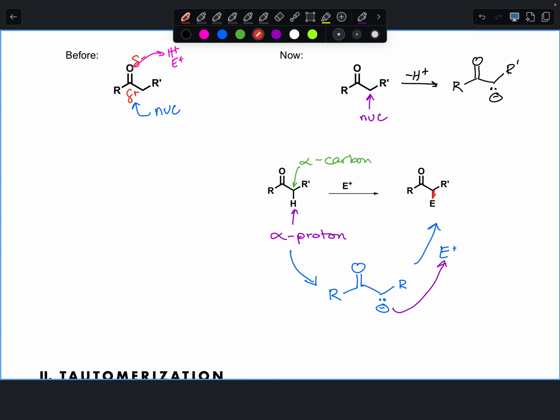So when we think about equilibrium, we think about the energy difference between the two, right? Is that what you guys think about when you think about equilibrium? You think about how much do I have of each? And that's going to be dictated by the relative energy of the two. So I'm going to give you some numbers here.